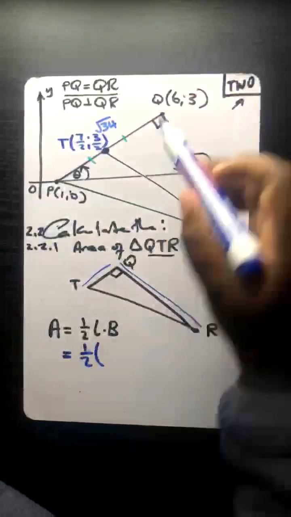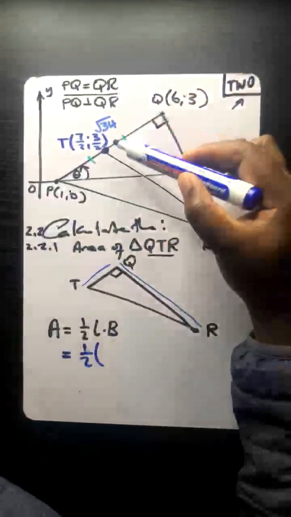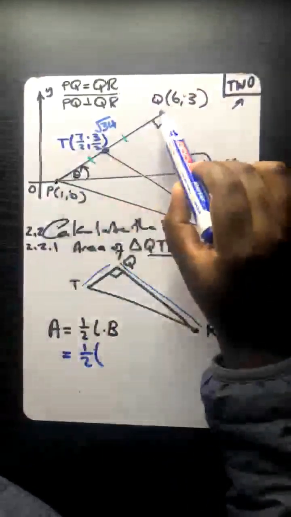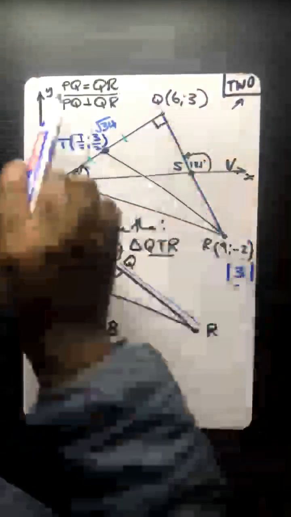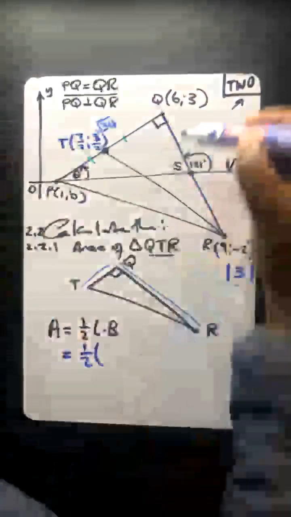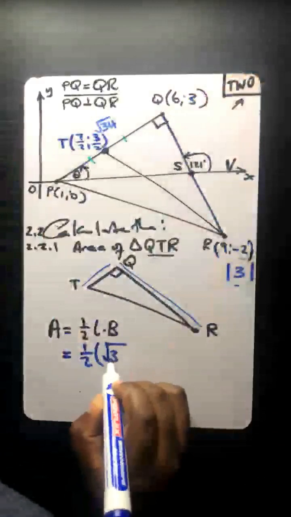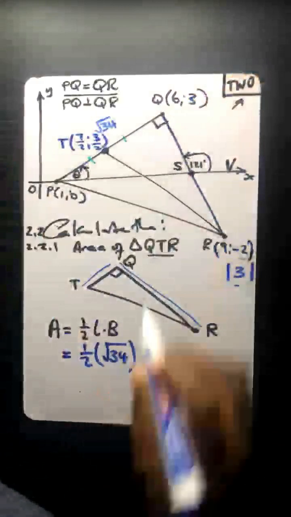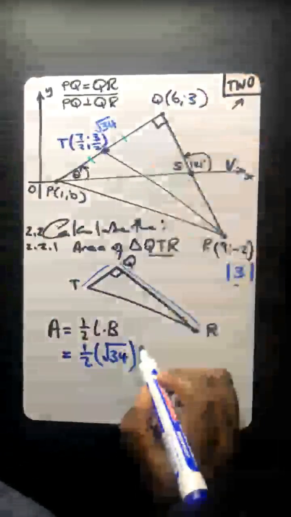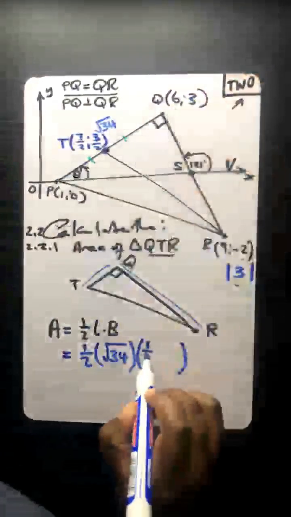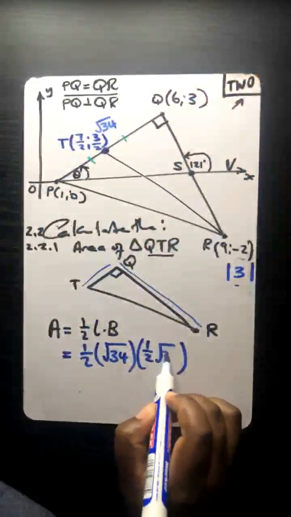If we take this as the length, that would mean the length is square root of 34. And then that one is half of that. It's half of square root of 34.